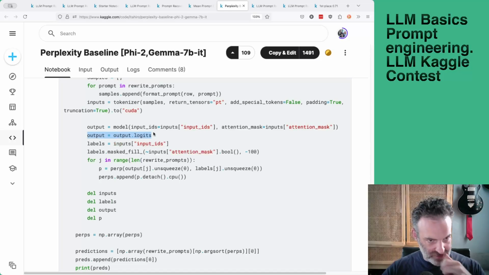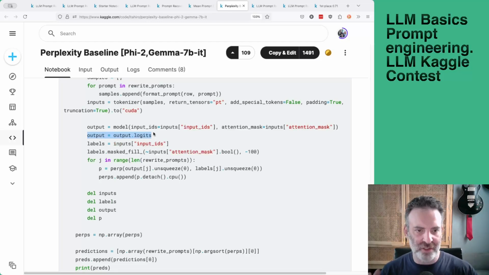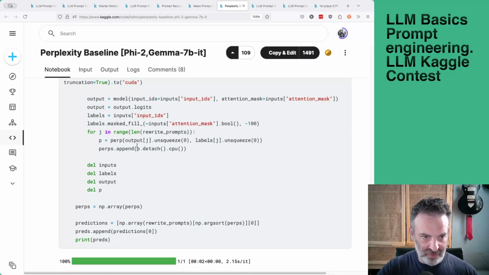And then for the output, we're outputting logits. Logits are the raw outputs of the model without being put through a softmax function. Don't worry too much about this, but the reason it's done here is that it's needed to be passed to the perplexity evaluation that we set up previously in the code above.